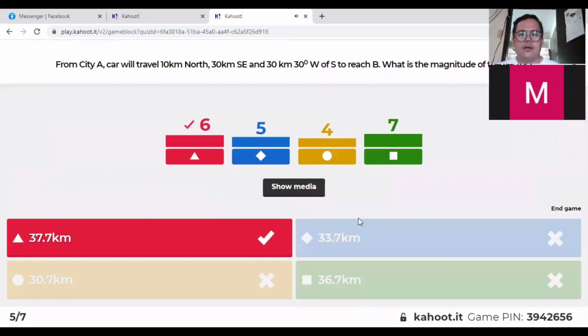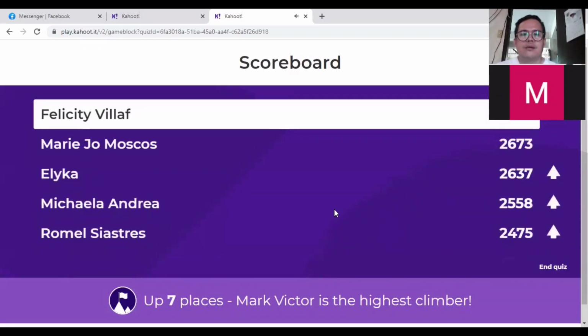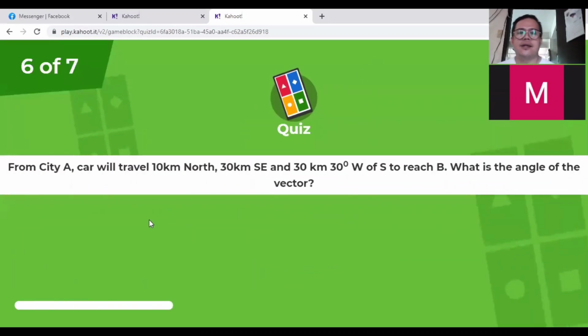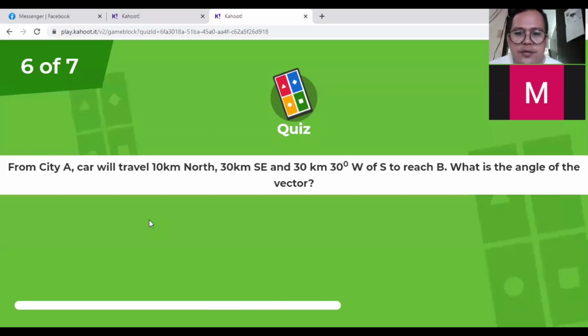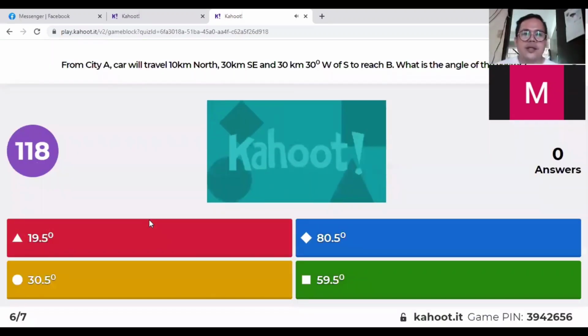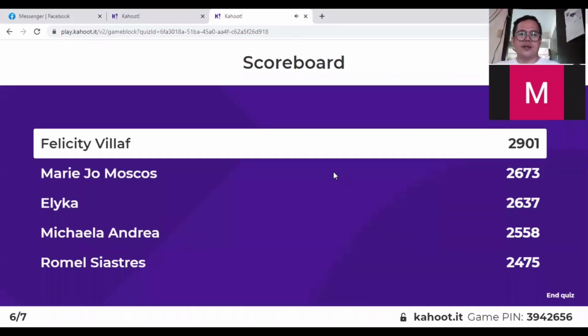Okay, only 6 got a correct answer. So this is now our top 5. We have the second to the last. We are now solving the angle of the vector. Tangent theta is equal to summation of y over summation of x. So you have 2 minutes to solve. Okay, only 3 got a correct answer.